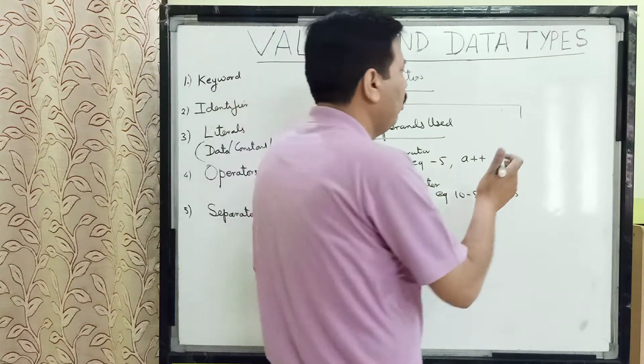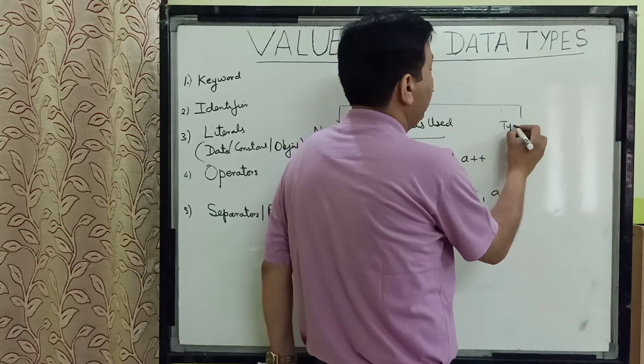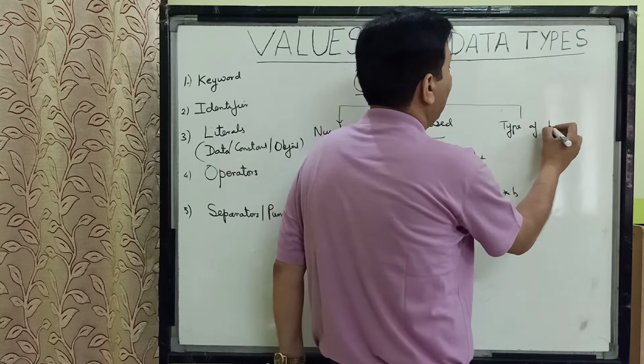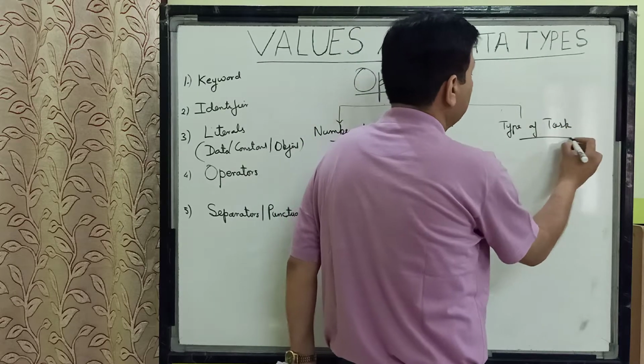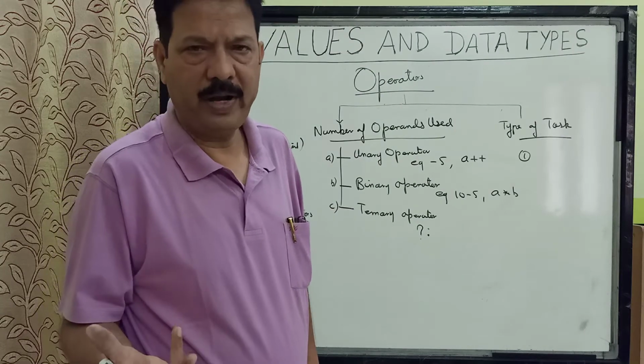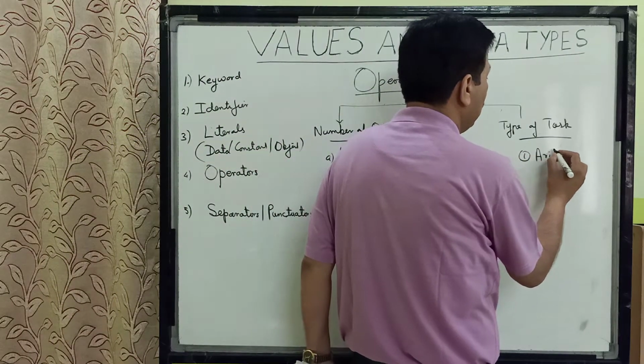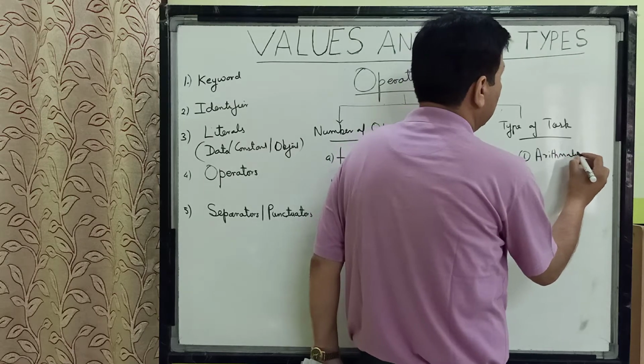Then we have also classified our operators on the type of task or type of work they are doing. We have classified them as arithmetic operators, because arithmetic operators are going to do all the arithmetic tasks.